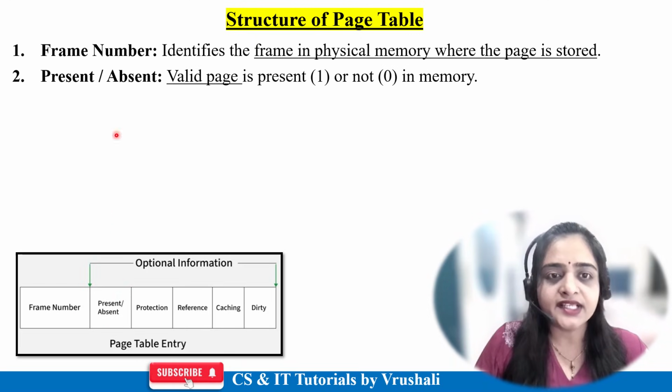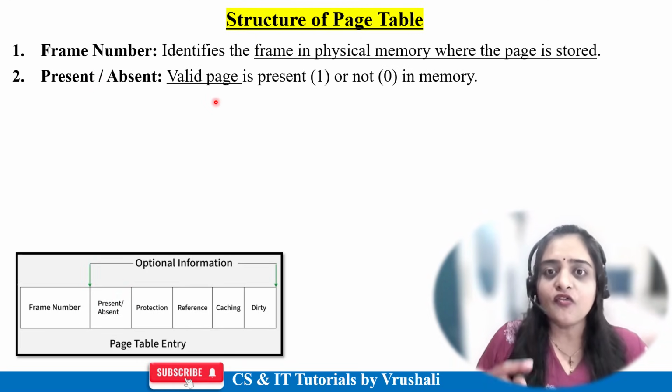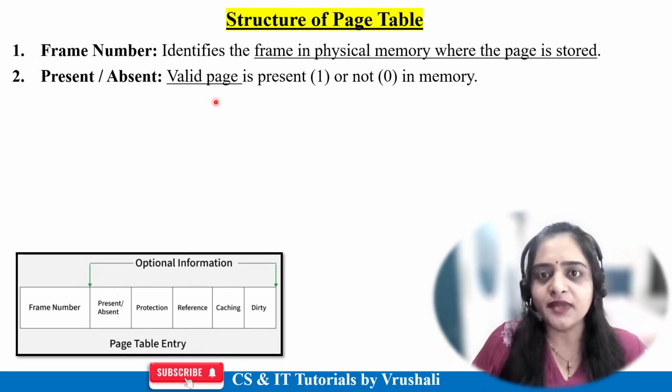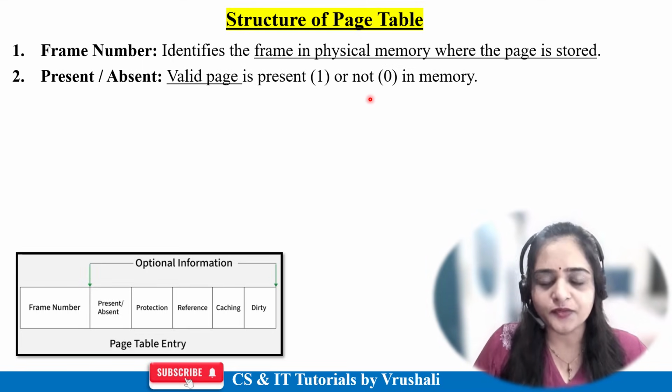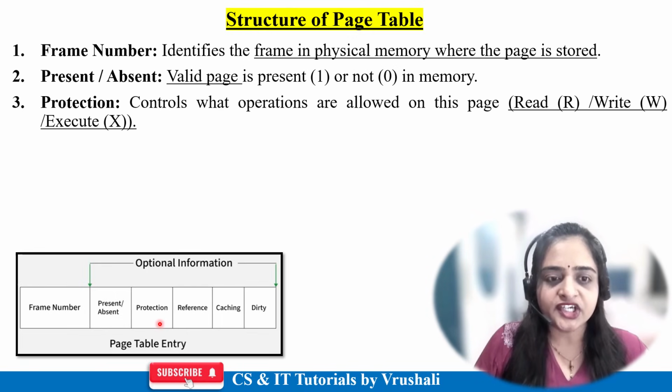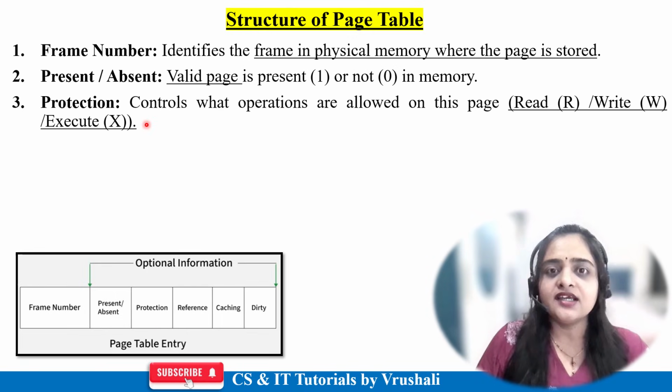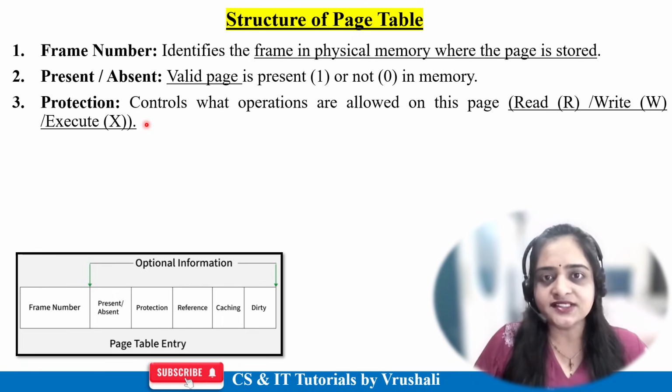The second one is present/absent, meaning whether a valid page is stored in physical memory or not. If the valid page is present, mention 1, otherwise 0. Next one is protection. Protection means there are multiple processes in the operating system, right? Every process has the authority to perform read, write or execute on that particular memory.